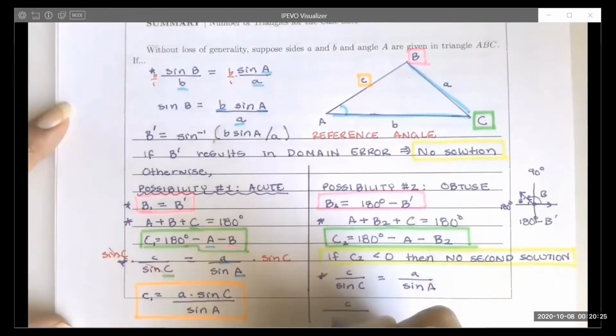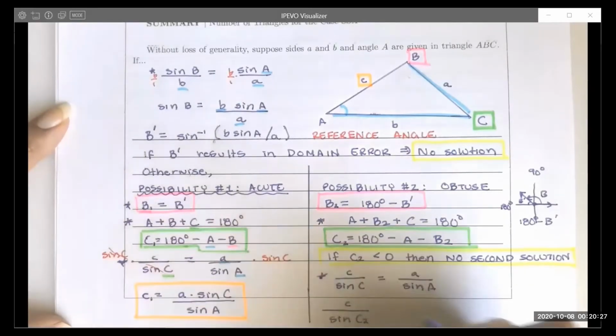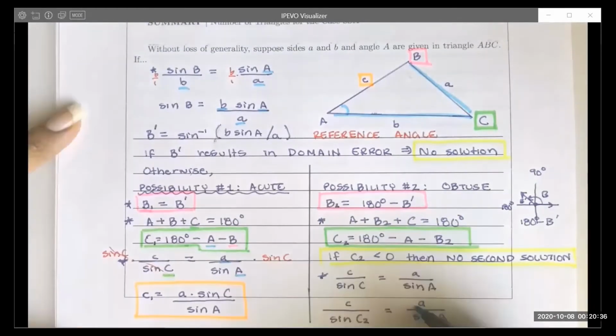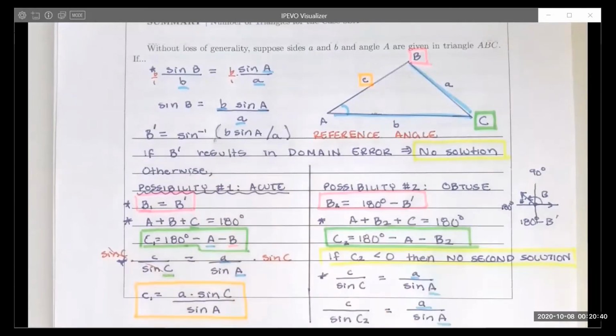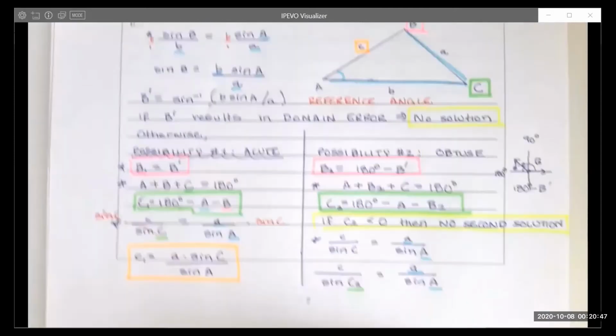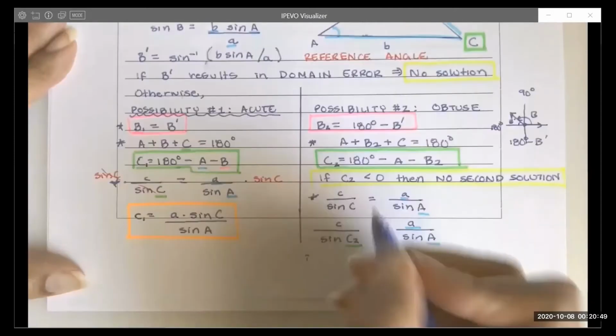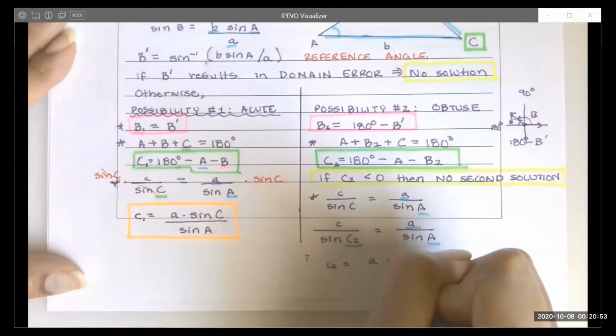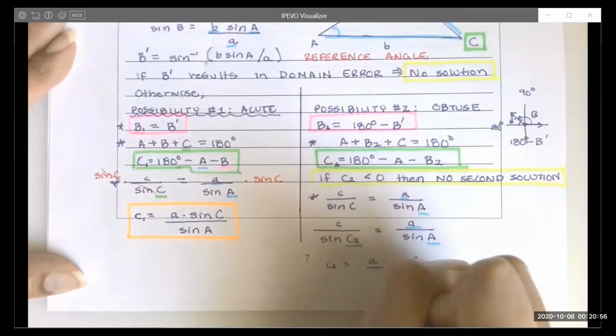So it'd be C over sine of angle C2 is equal to A over sine of angle A, where that has been given, and C2 we've calculated from the previous step. So the final outcome would be that the side c2 is equal to A times sine of C2 all over sine of A.